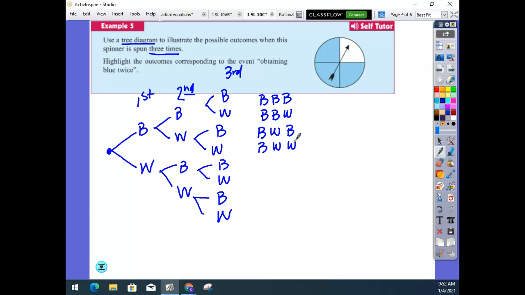These are the 4 where we spun blue first. Then we have our white: white, blue, blue; white, blue, white; white, white, blue; and white, white, white. So these are all of the different options.